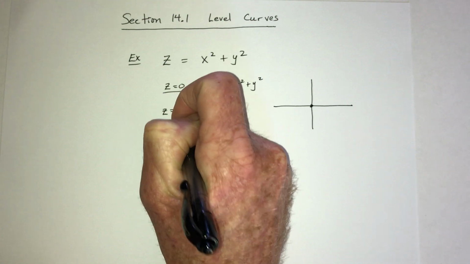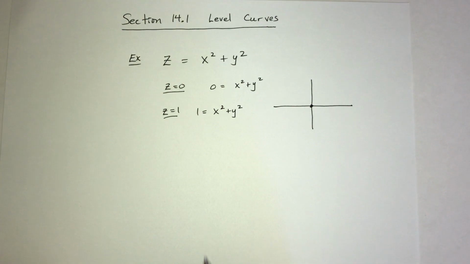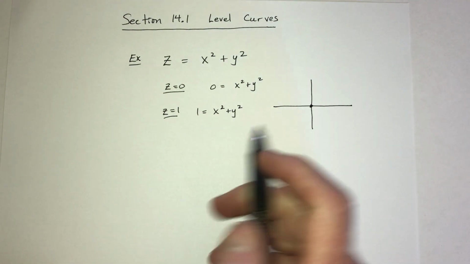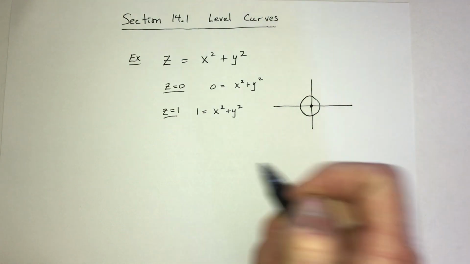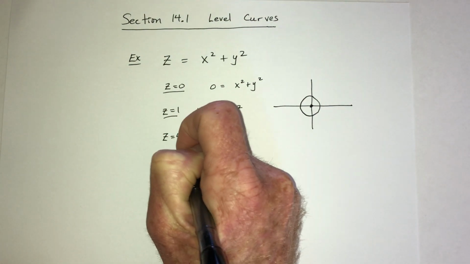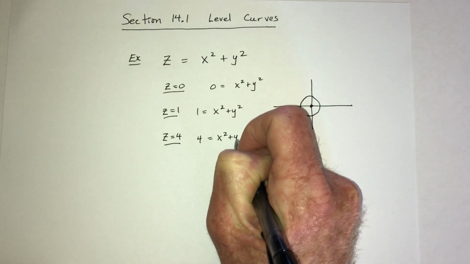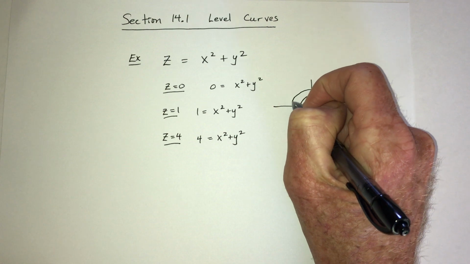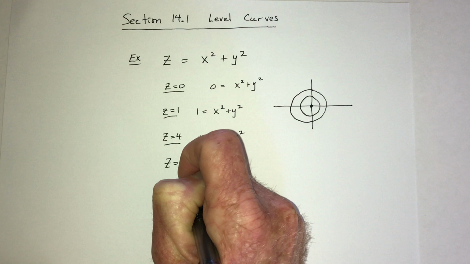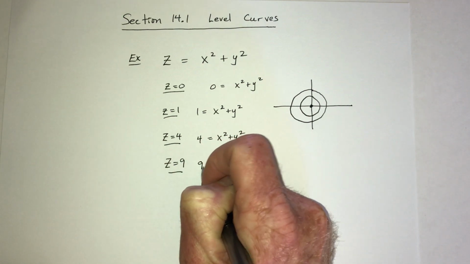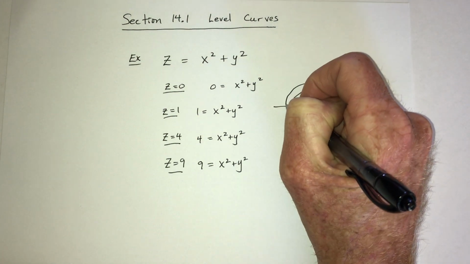Then how about if z equals 1? So plug in z equals 1, and then you get a circle of radius 1. And then I'm going to skip to z equals 4, because then that's going to be a circle of radius 2. And then I'm going to skip to z equals 9, because that will be a circle of radius 3.